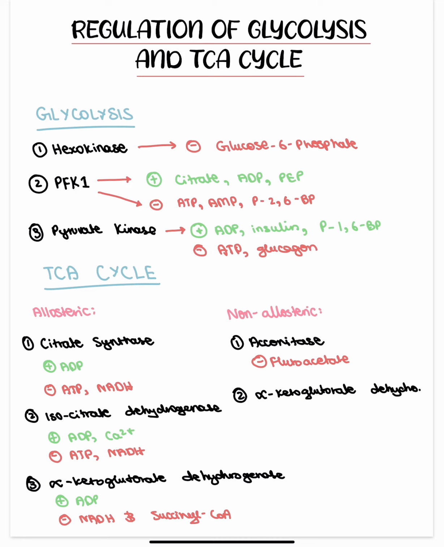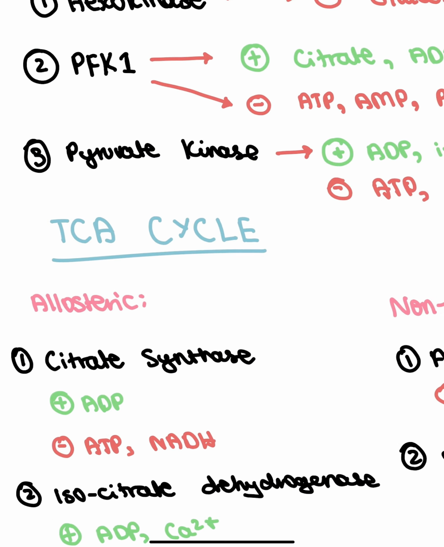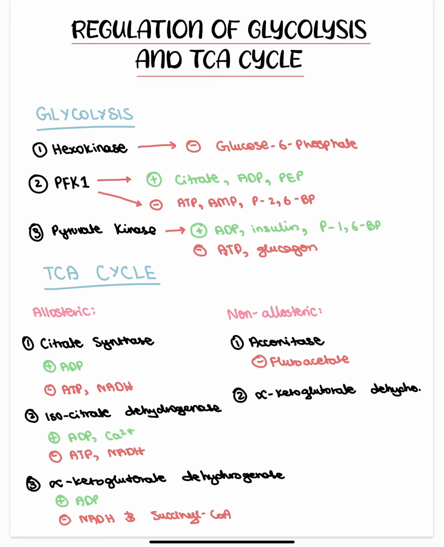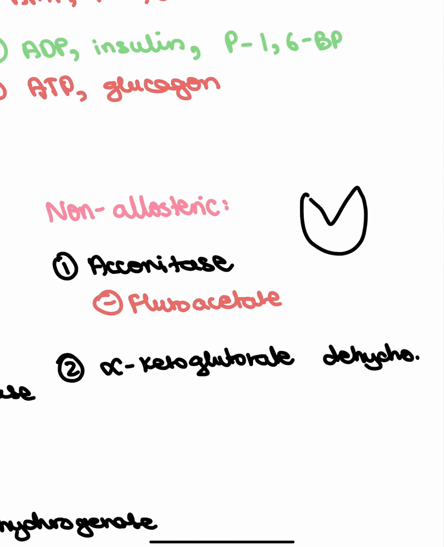Non-allosteric and allosteric can have different meanings. Allosteric means that it's got different binding sites in that enzyme, not just one active site. If this is the active site, we could have another that binds here, and another here. So it's got all these binding sites, which could lead to different effects. That's allosteric. Here we just have that one active site. So that's the main thing you should get out of that.